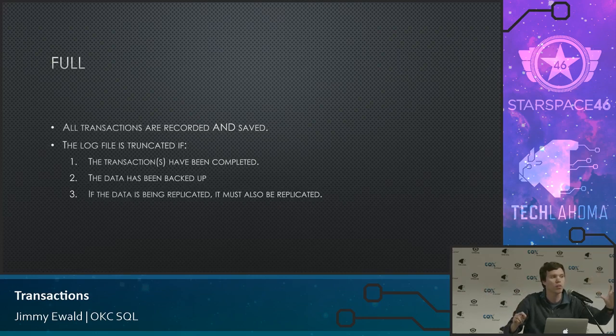It's holding on to those changes until the other side knows what to do. So if you have a network problem or something and your data doesn't make it over, that log file on the primary database is just going to keep growing and growing until you replicate the data over. Okay? Does that make sense? Does anybody have any questions about any of that? Okay.